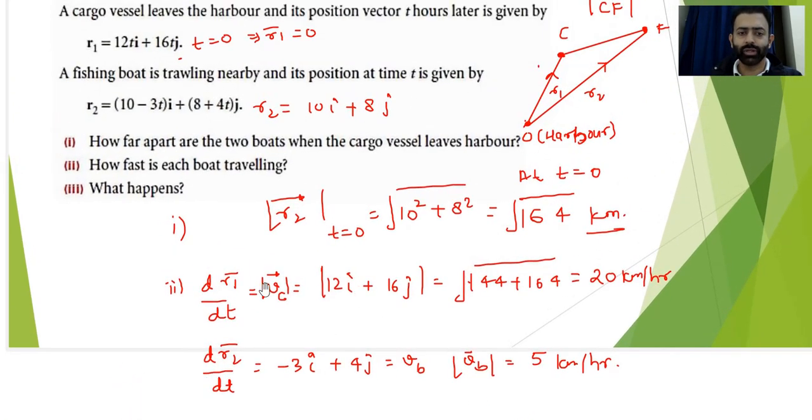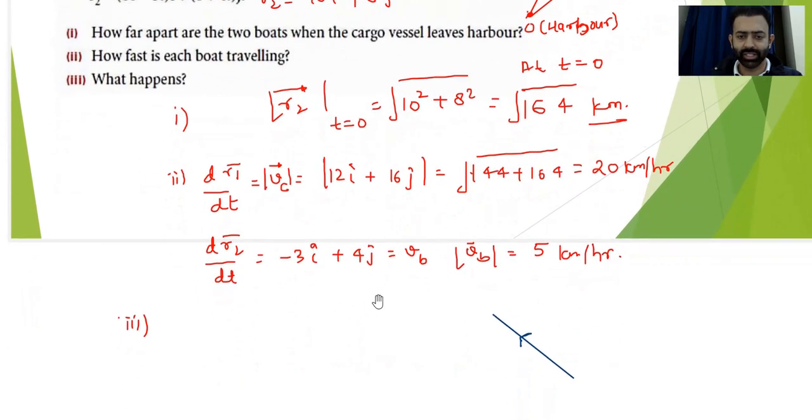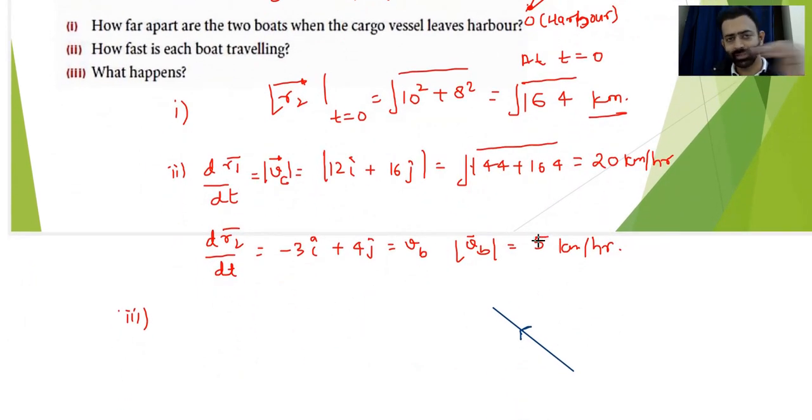And the cargo velocity is 12i plus 16j, right? That means x is positive, y is positive, so it is moving in the northeast direction, right? So the velocity of the cargo is like this.